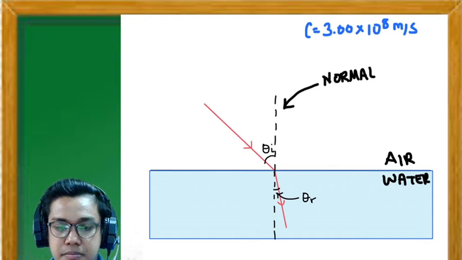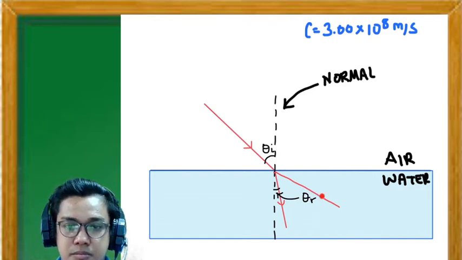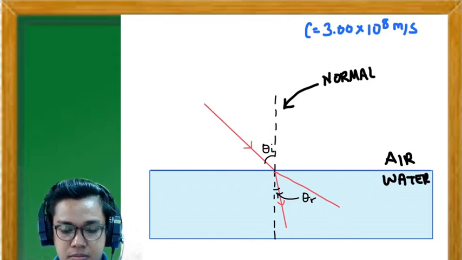So if the second medium is slower than the first medium, the ray is going to bend towards the normal line, just like we see in this example. If the second medium is faster than the first medium, it's going to bend away from the normal line. So we'd get something like that going on. So Snell's law is going to allow us to calculate this angle right here, the angle of refraction, when we know the angle of incidence.